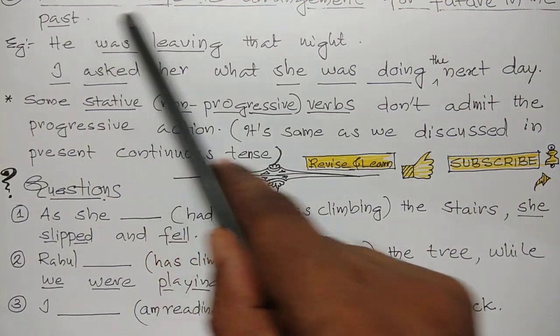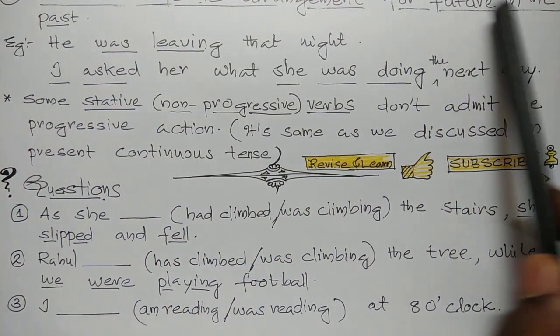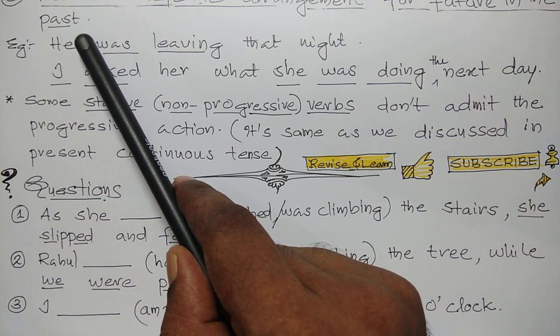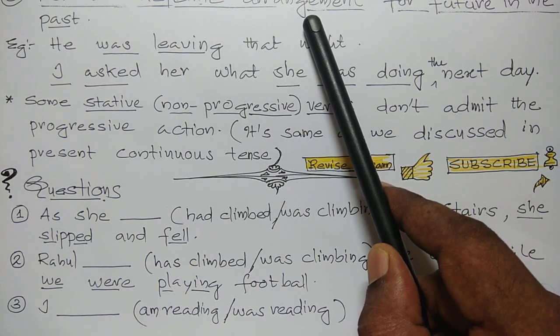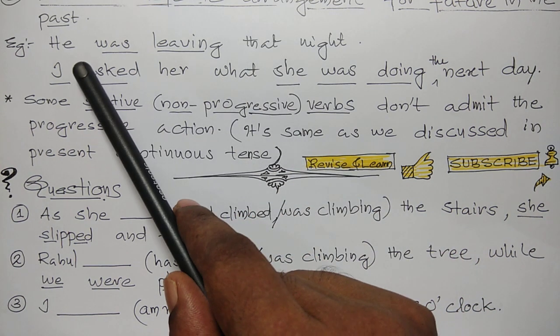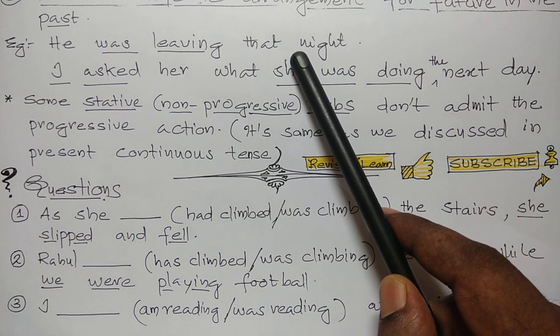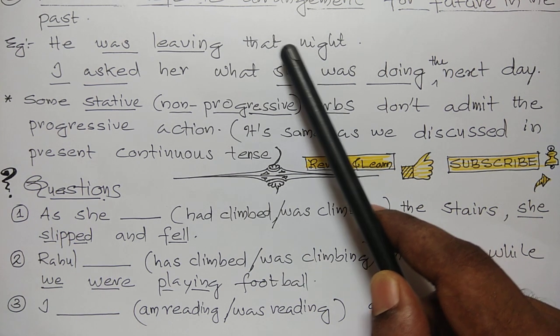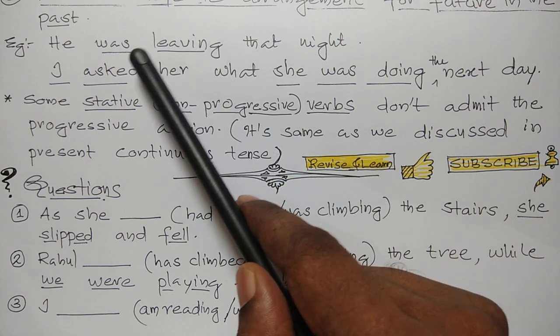Sixth one, for a definite arrangement for the future in the past. In the past, there was a definite arrangement. To show that, we use past continuous tense. He was leaving that night. So that night was in the past, and there was a definite arrangement.